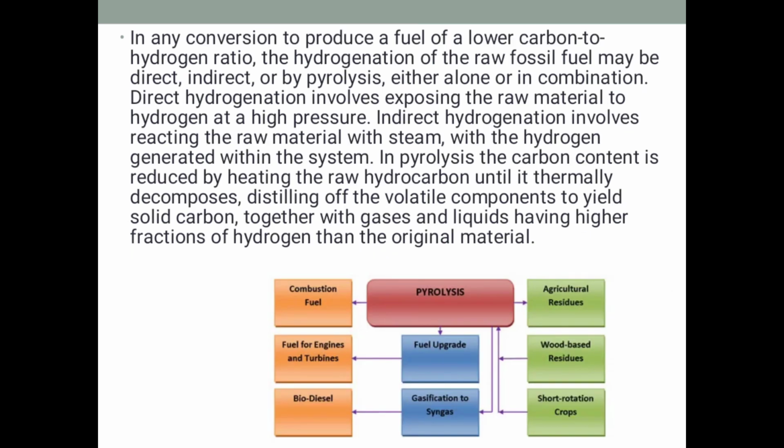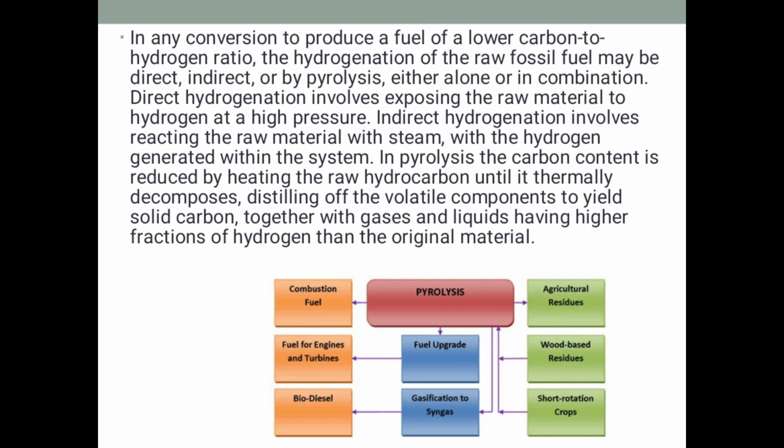In any conversion to produce a fuel of a lower carbon to hydrogen ratio, the hydrogenation of the raw fossil fuel may be direct, indirect, or by pyrolysis, either alone or in combination. Direct hydrogenation involves exposing the raw material to hydrogen at a high pressure. Indirect hydrogenation involves reacting the raw material with steam, with the hydrogen generated within the system.